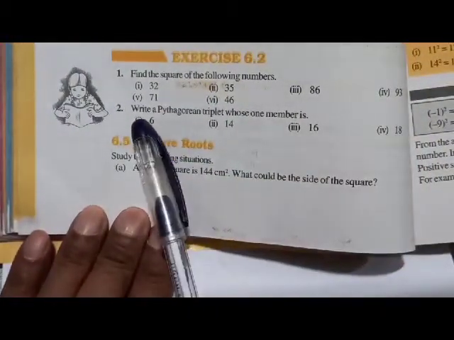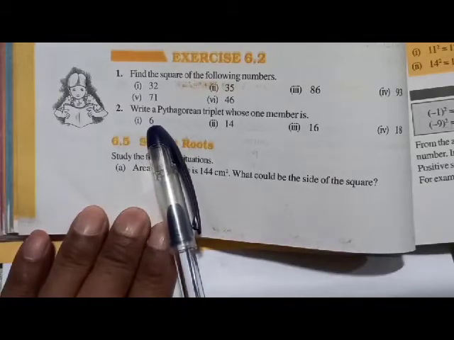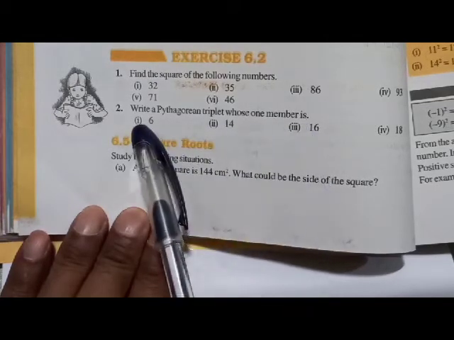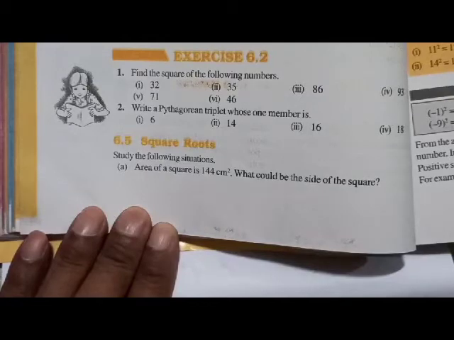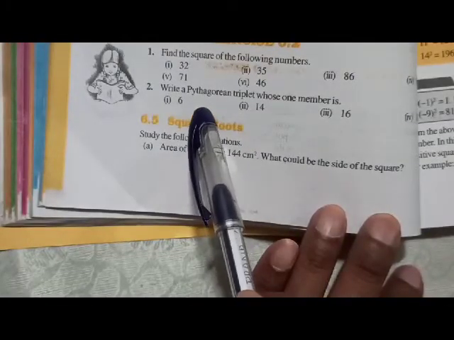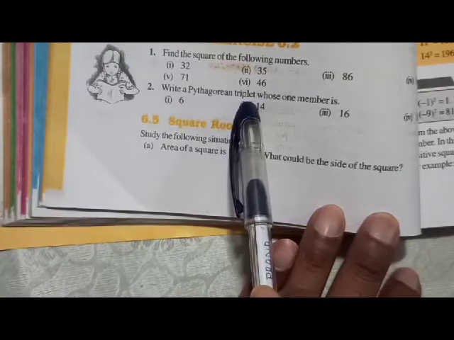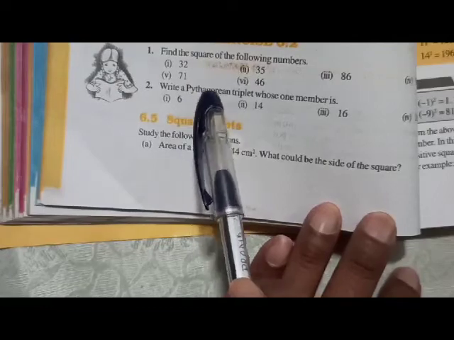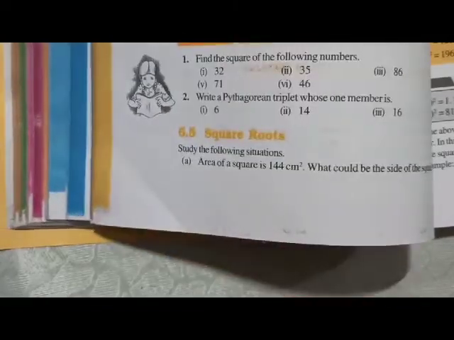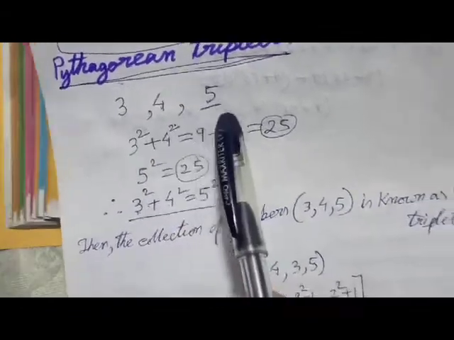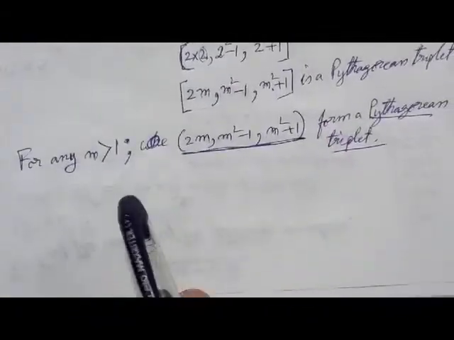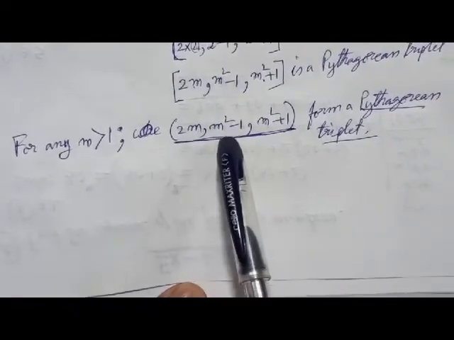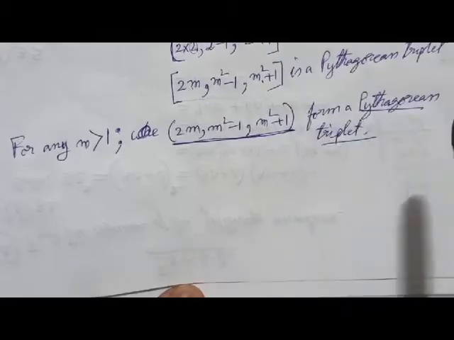Question number 2. Write a Pythagorean triplet whose one number is Roman 1, 6. To find a Pythagorean triplet, we use the rule: for any m greater than 1, 2m, m square minus 1 and m square plus 1 form a Pythagorean triplet.